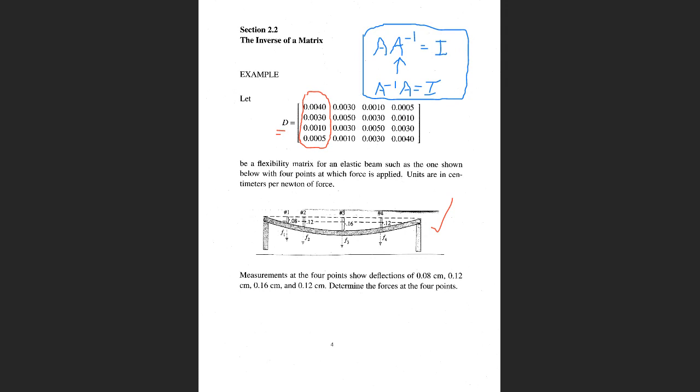Think of it like 4 cars on a bridge. The first column of the matrix D is the beam deflections due to a unit force at the first point. The second column stands for the beam deflections due to a unit force at the second point.